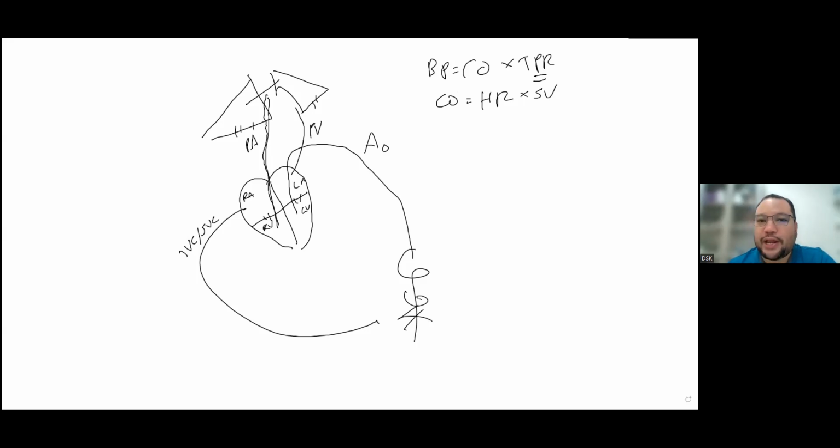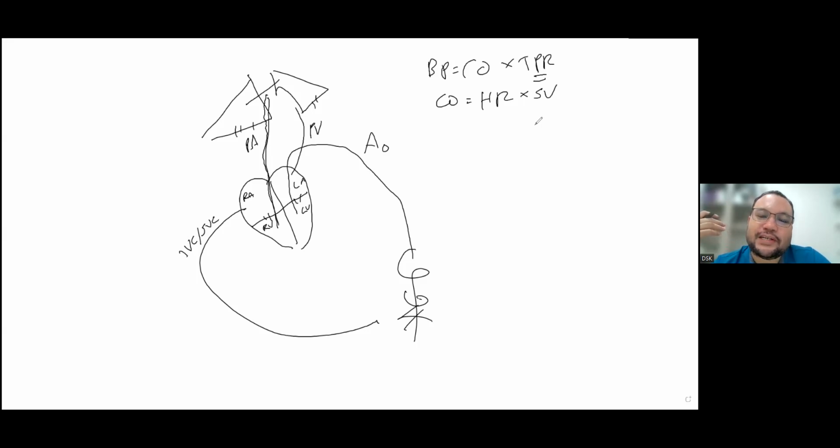And if you can remember, we have our cardiorespiratory center. Where is the cardiorespiratory center? Near the pons. That's where we control our cardiovascular system. Near our carotid body and aortic body, we have the receptors.